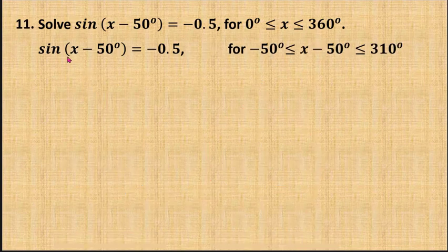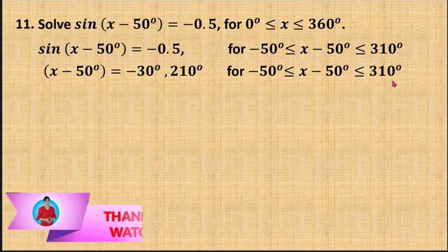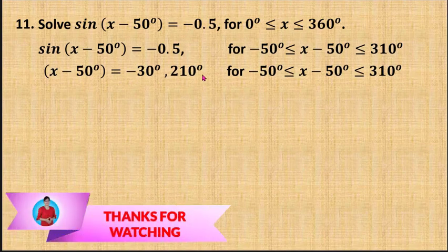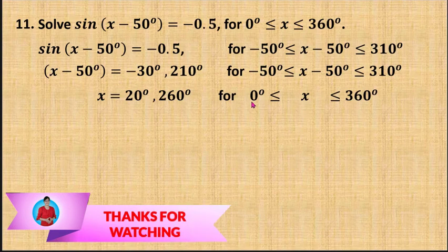So now I list down the values of x minus 50: negative 30 and 210 in the range from negative 50 to 310. So to obtain the value of x, all the values here are added by 50. Then I got 20 and 260, such that x is in the range from 0 to 360.